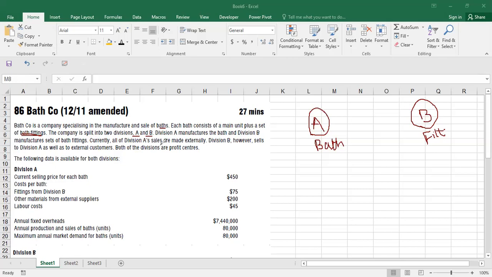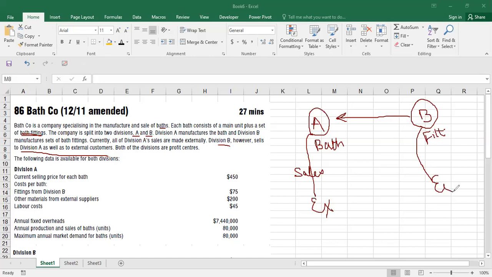Currently, all of Division A sales are external. So they sell goods to the external market. Division B, however, sells to Division A as well as to external customers. So Division B sells some fittings to A and some to external customers.